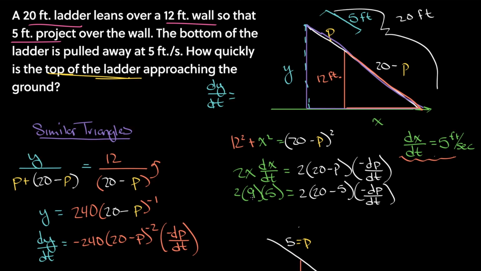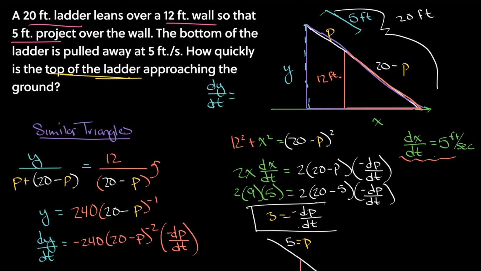Solving this out, on this left-hand side, we have 90, and then this is 15 times 2, so that's 30. 90 over 30 is going to be 3. So we find that negative dp/dt is 3.